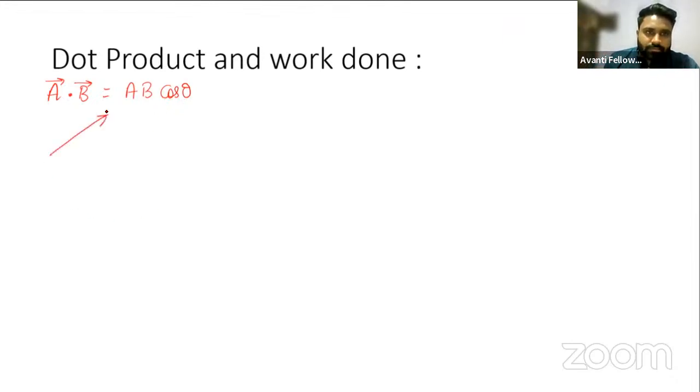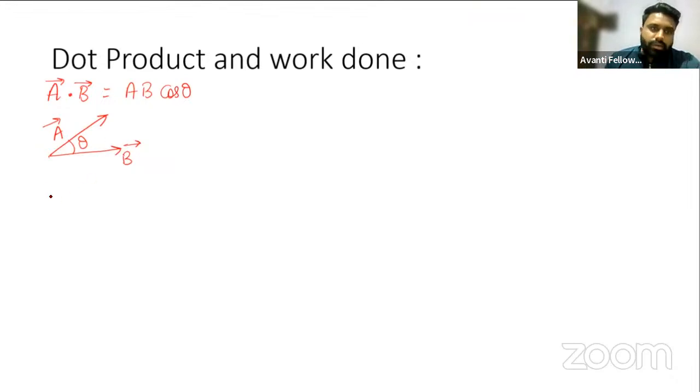If this is vector A and this is vector B, and this is the angle between them, then A dot B means A vector dot B vector equals AB cos theta.